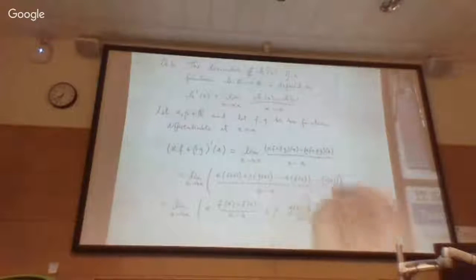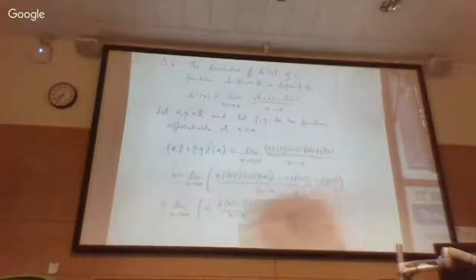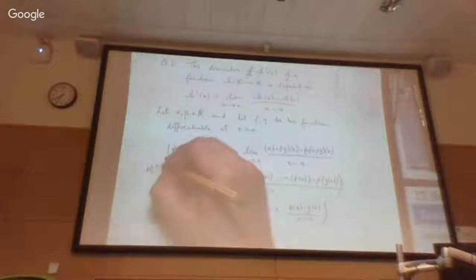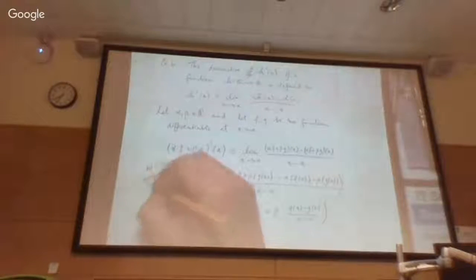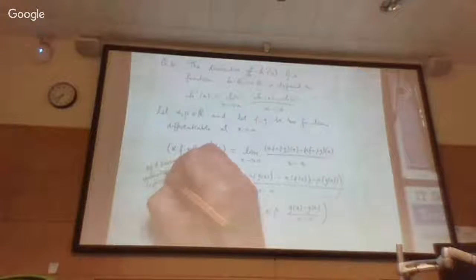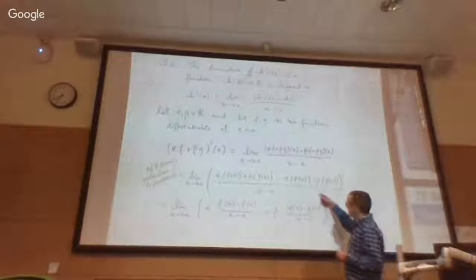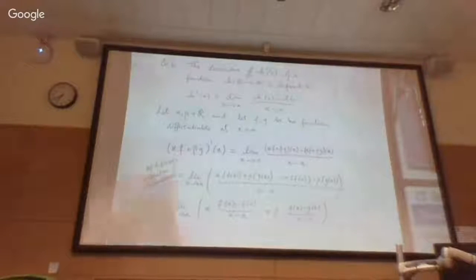Justification for getting to this second line here: this was the definition of linear combination of functions. From here to here is just algebraic manipulation of that thing.